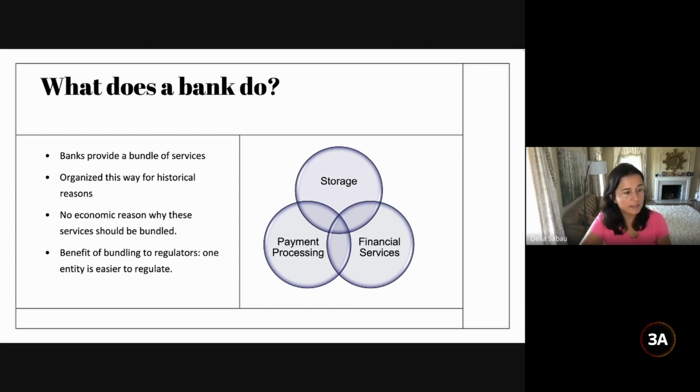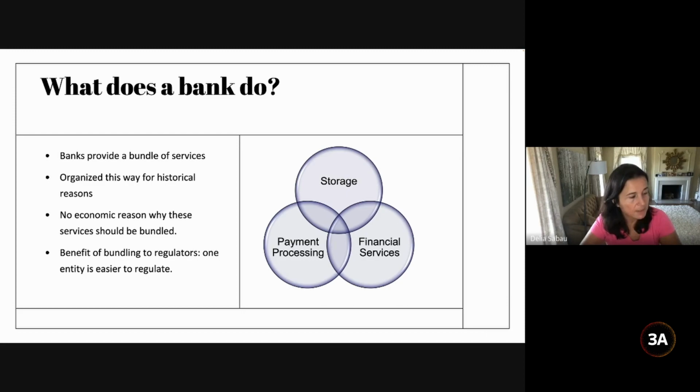One entity is easier to regulate than multiple different entities. And if there are any spillovers between the different functions, such as storage, payment processing, and so forth, then the regulators can force banks to internalize those spillovers as opposed to having to think about each individual element and how it's contributing to the system as a whole.